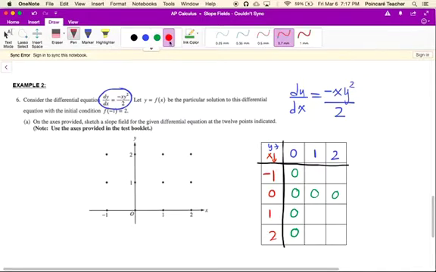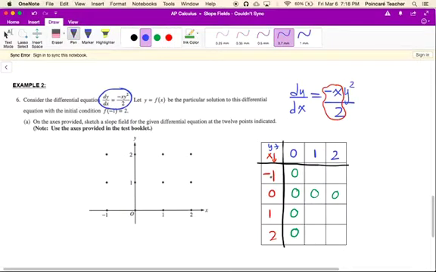In this case, I only have positive 1 to worry about. So when y is 1, 1 squared will always just be 1. So I can just pay attention to the x part and ignore the y.